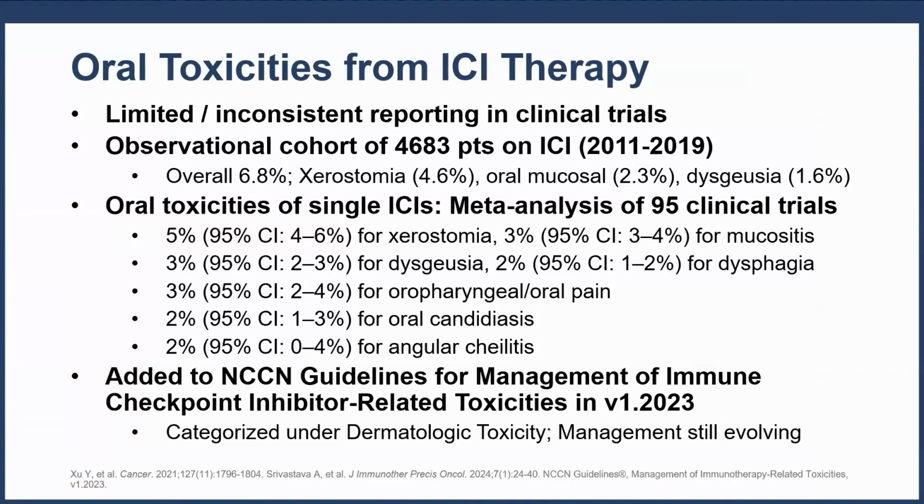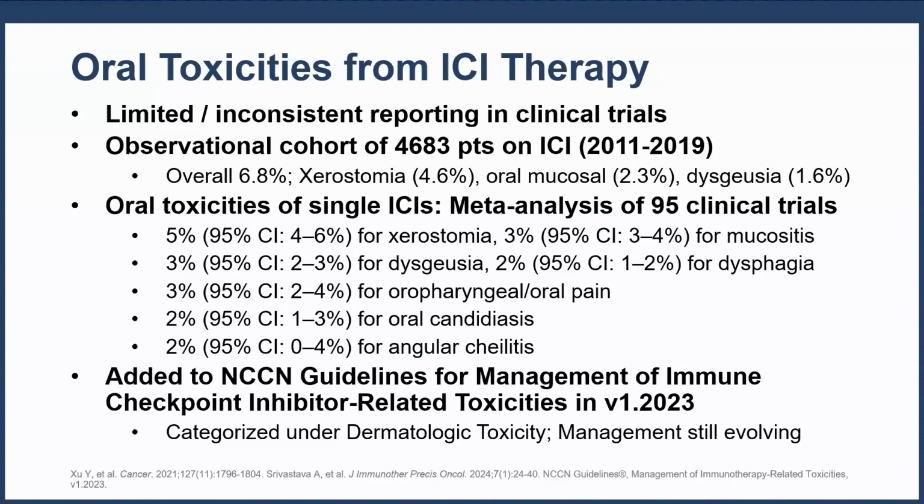It was a meta-analysis, but there was an observational cohort study that was done in 2021 that was published of an observational cohort of 4,683 patients that received immune checkpoint inhibition, I believe in Boston at Mass Gen and the associated hospitals there, from 2011 to 2019.